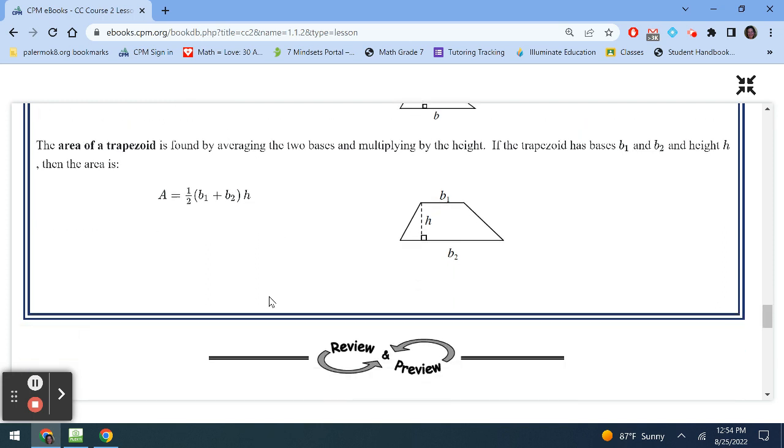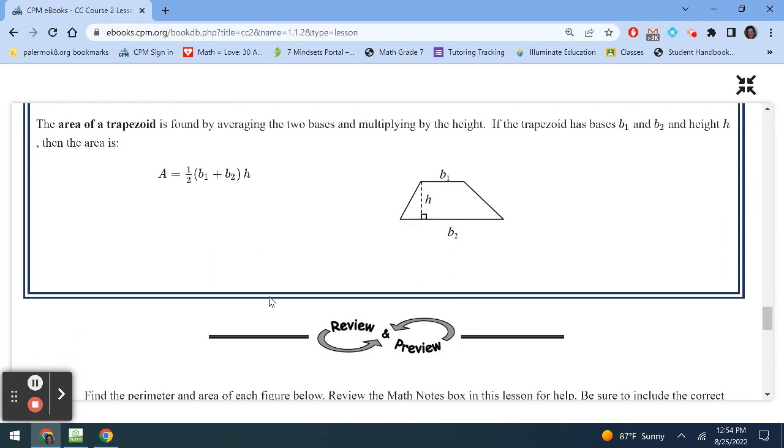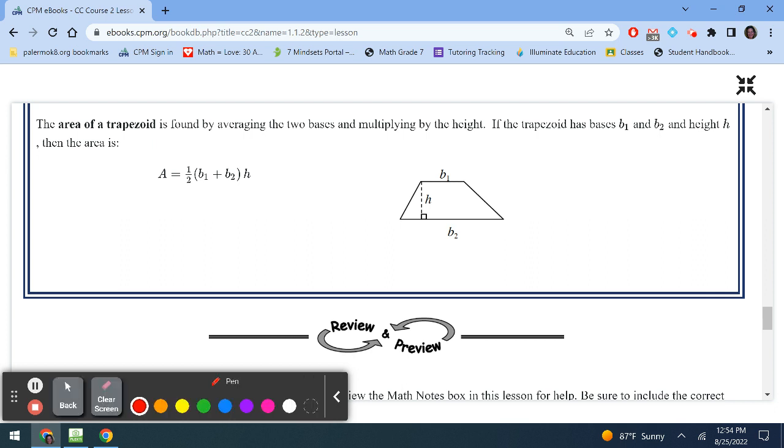A trapezoid is similar in that we're still taking that same concept of finding the area, which is base times height. But the issue with this one is that we have two bases that aren't the same length. So we have to change that. We still multiply by our height.